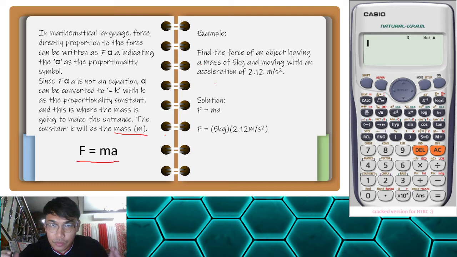Substituting the values, force equals 5 kilograms multiplied by 2.12 meters per second squared, and we will have a force of 10.6 Newtons.